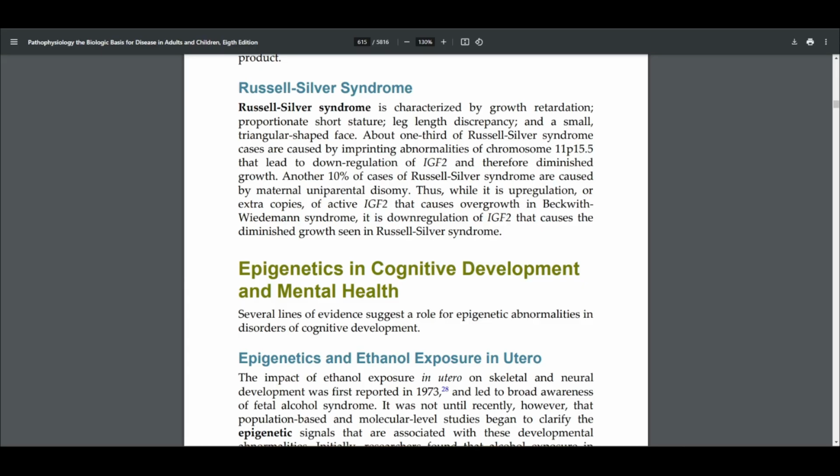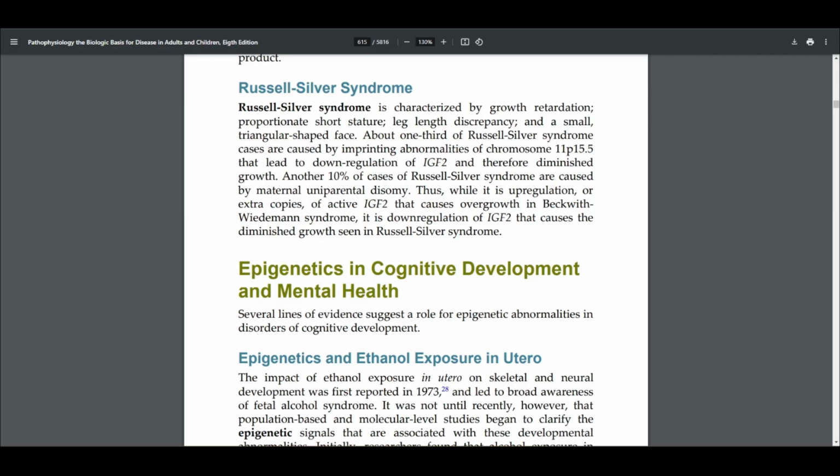And then the Russell-Silver syndrome. Russell-Silver syndrome is characterized by growth retardation, proportionate short stature, leg length discrepancy, and a small triangular-shaped face. About one-third of Russell-Silver syndrome cases are caused by imprinting abnormalities of chromosome 11p15.5 that lead to downregulation of IGF2 and therefore diminish growth.